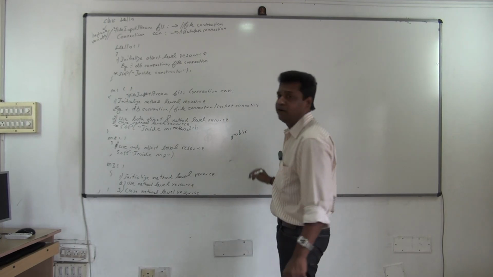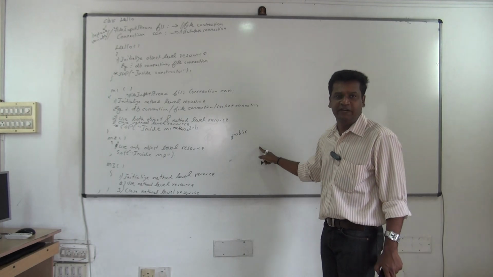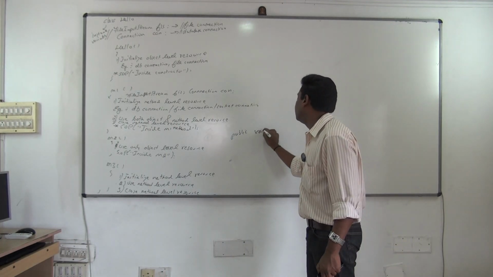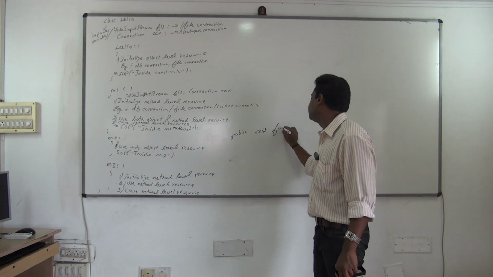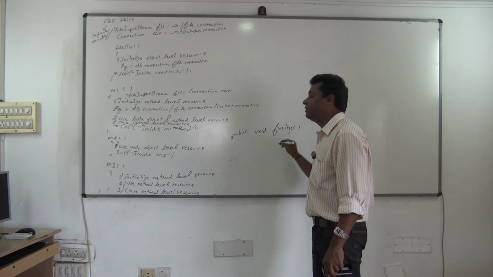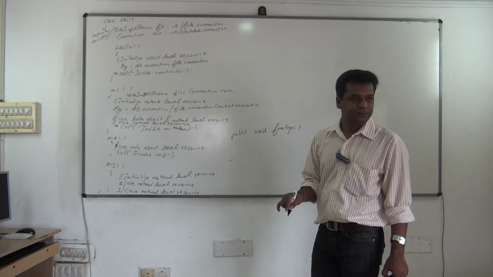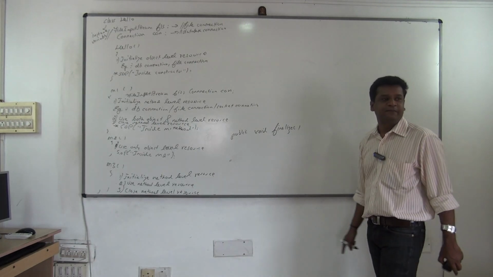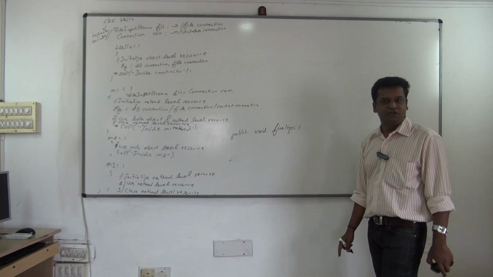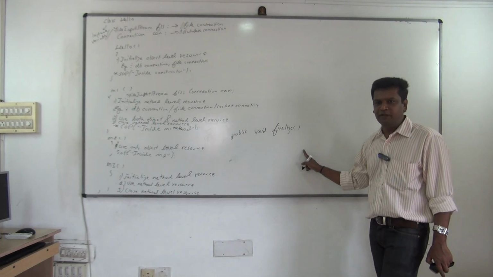You have to write public only. What is public? Don't worry, I'll be explaining it later. Public void. Void is the return type. Finalize is the name of the method. No parameter. Strictly you have to write it like this only. Understood? You should not write any parameter.